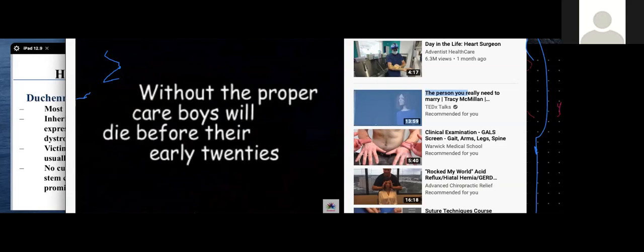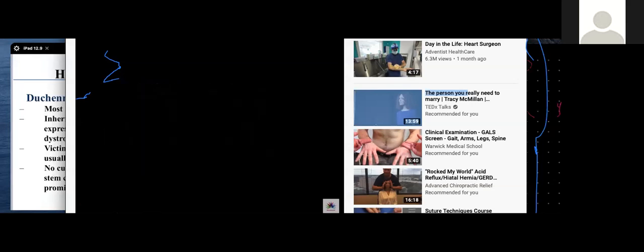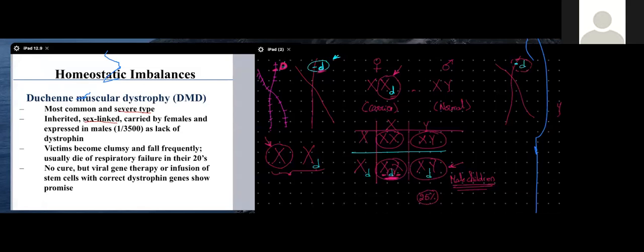Most of the patients die within their 30s, early 30s or late 20s, because of the weakening of the respiratory muscles.